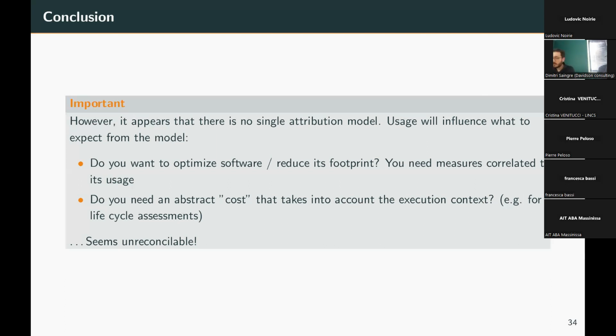So one type of research we try to conduct is to think about whether we could build an energy model that would give you an estimation of the energy consumption of your software if it was alone on the server. So here we tried to eliminate all notion of context.